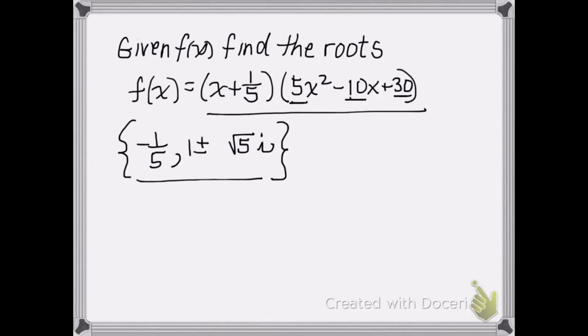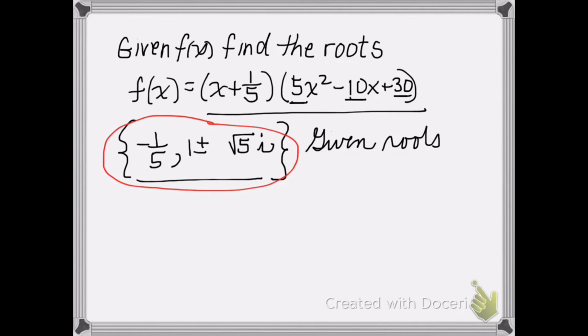So a few things about this. One is that what if you were given these roots, and we said find f of x. So that's another wording that could be used. You would be given the roots, find f of x.